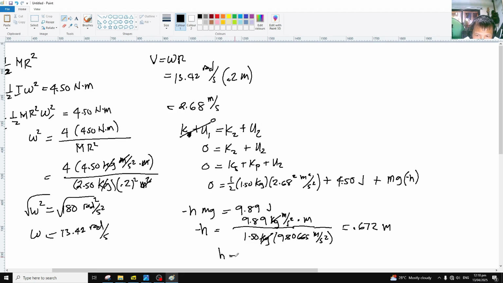So, h is equal to negative 0.672 meters, or 0.672 meters going down. Okay? So, yun yung height, mechanical balance ng potential at saka yung kinetic ng stone at saka ng pulley.